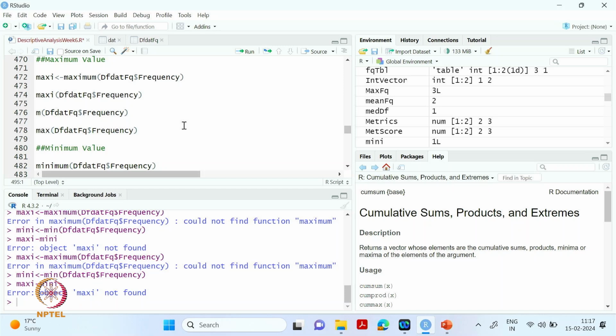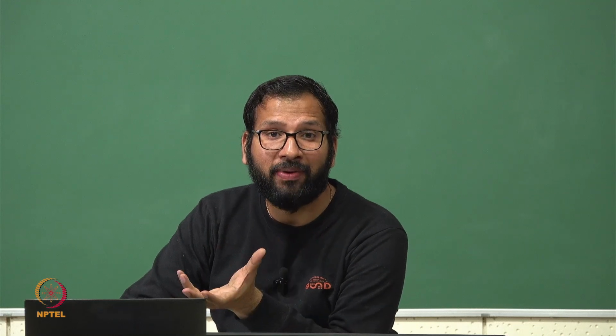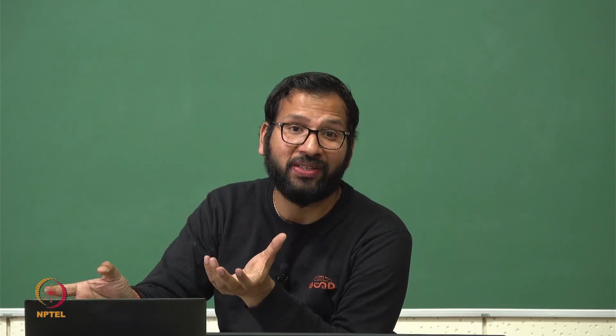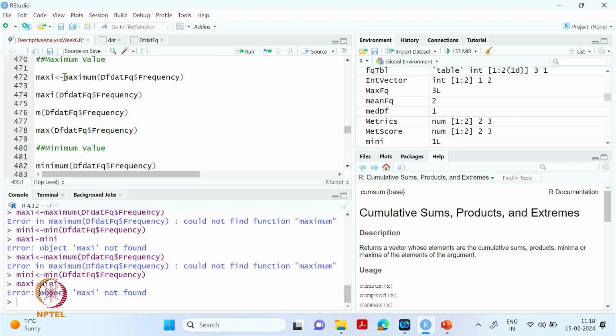Why? Because there is no such function called maximum, and I have assigned the object name maxi to a wrong function name. So what I have to do here is simply copy, or maybe cut, and then this is our maxi.